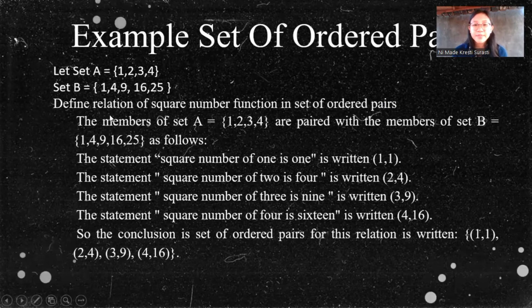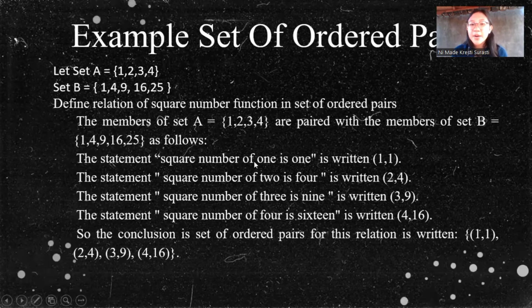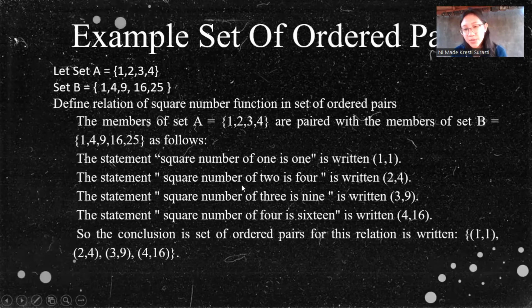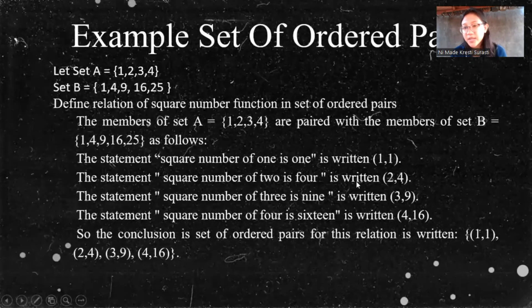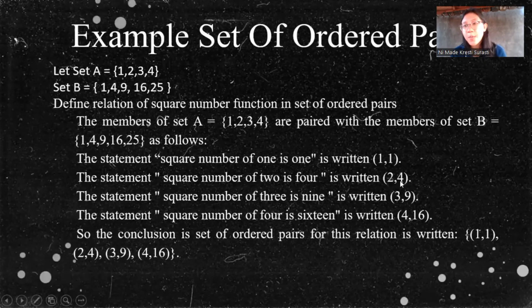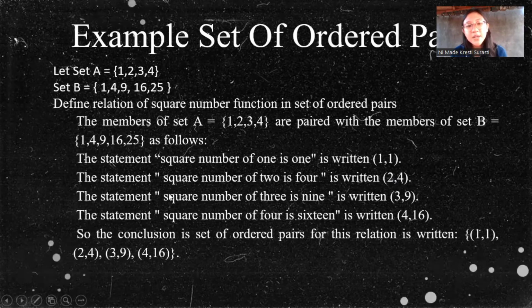The statement square number of 1 is 1 gives (1, 1), square number of 2 is 4 gives (2, 4), square number of 3 is 9 gives (3, 9), and square number of 4 is 16 gives (4, 16).